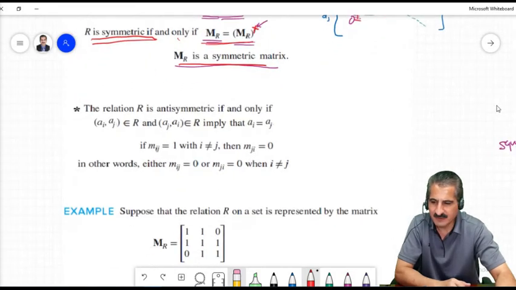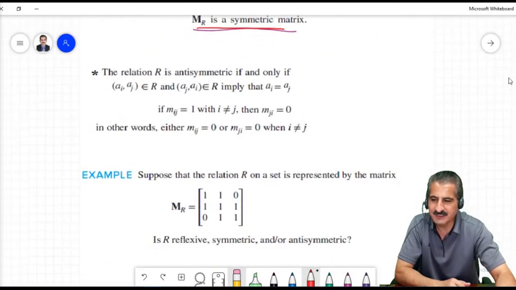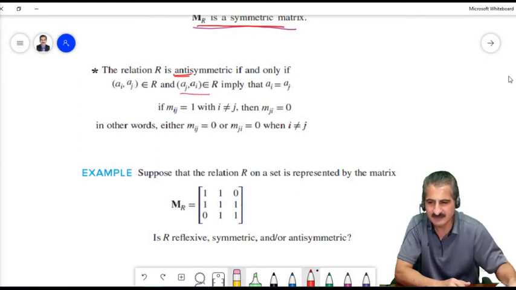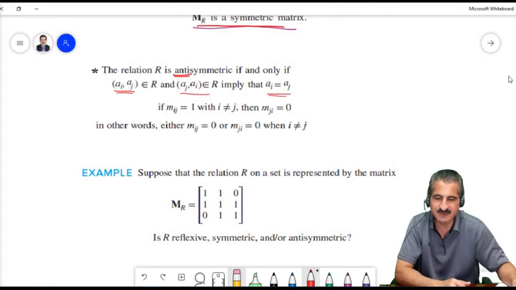Now, the relation is antisymmetric if, sorry, if (ai, aj) belongs to R and (aj, ai) belongs to R, then we must have the first coordinate and second coordinate the same.